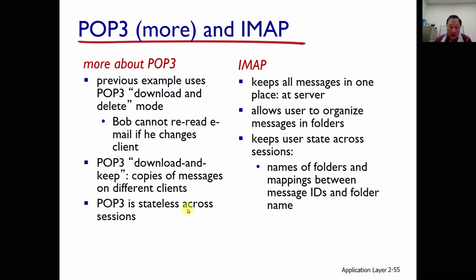And POP3 is stateless across sessions, whereas IMAP keeps all messages in one place, on the server. Thus it is more convenient because with other devices we can access in the same way. It allows users to organize messages in folders, and keeps user state across sessions.